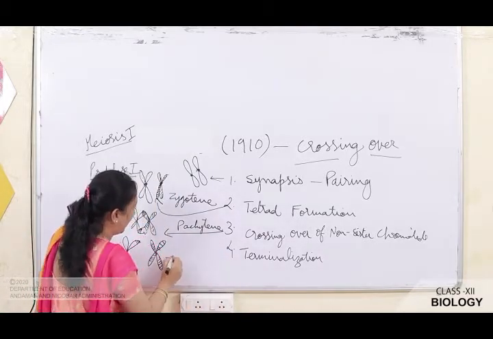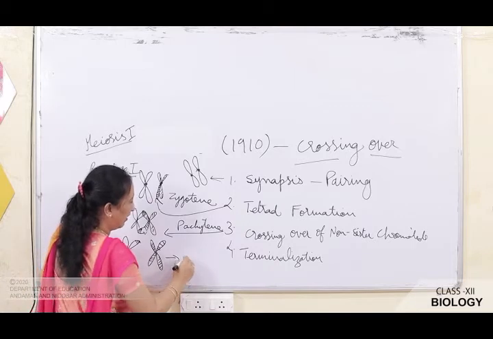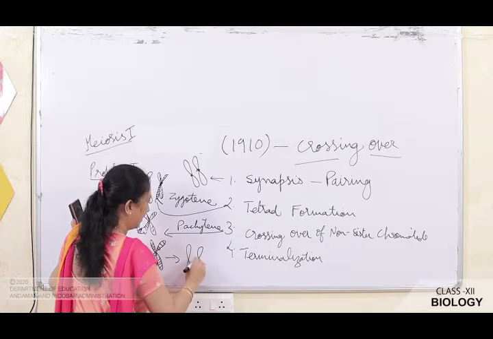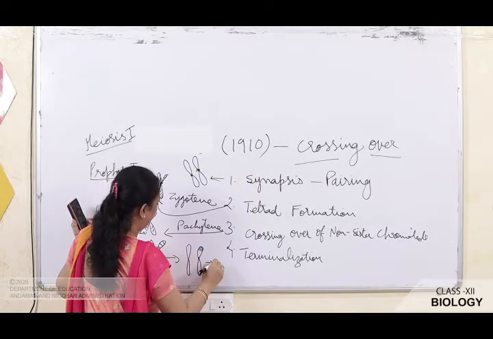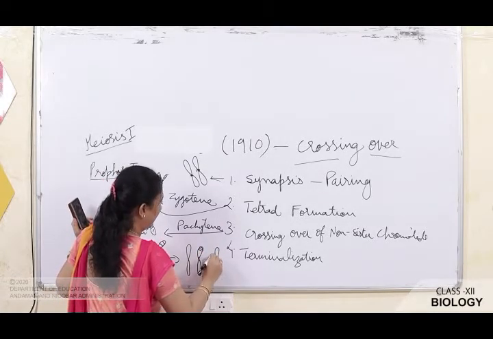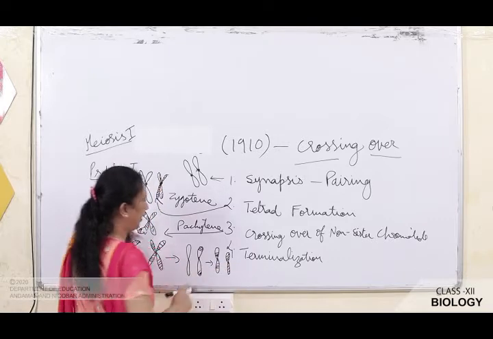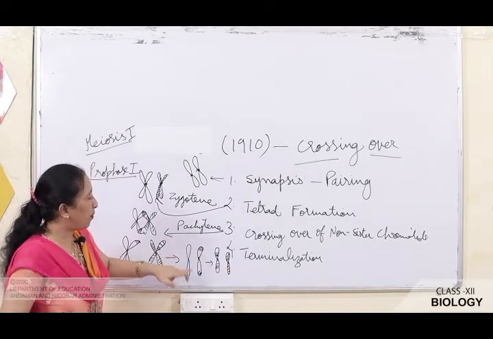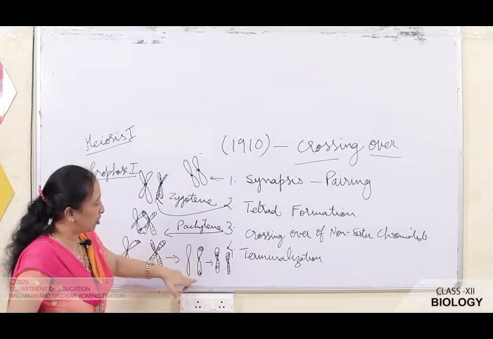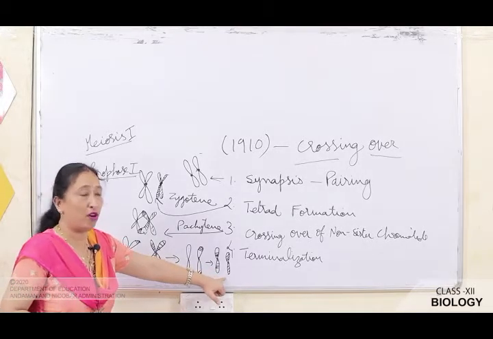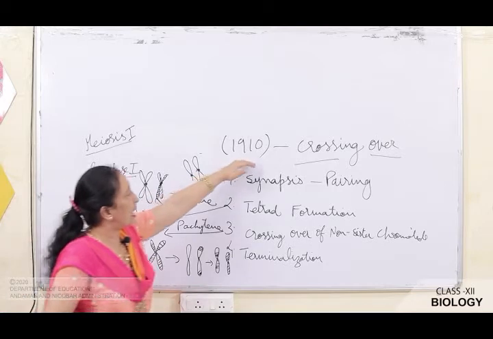Now when we separate them, recombinants will be formed: this is the first one, the second one, the third one, and the fourth one. In the tetrad, two chromatids are recombinant forms with the crossed over parts and two are the parental forms. So this is what is happening in crossover.